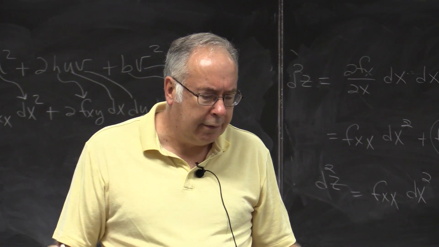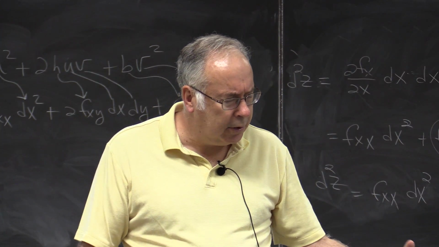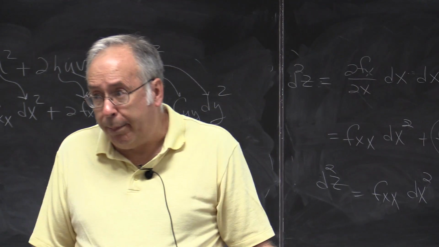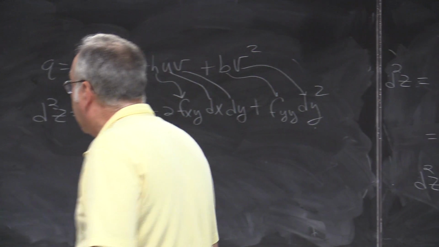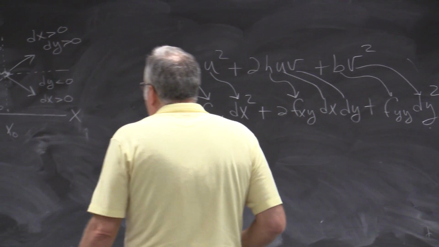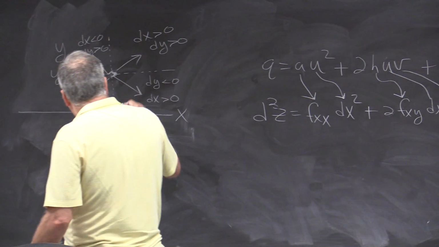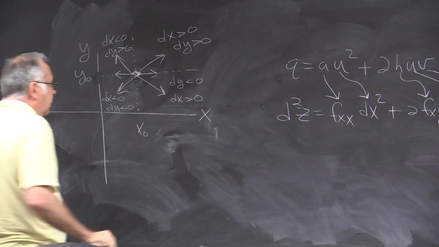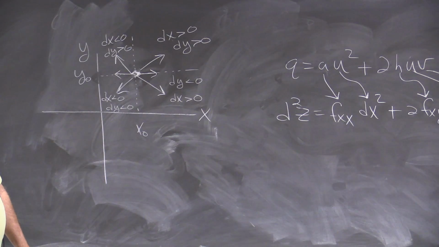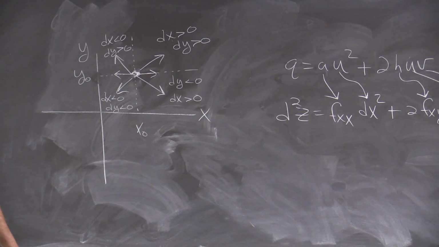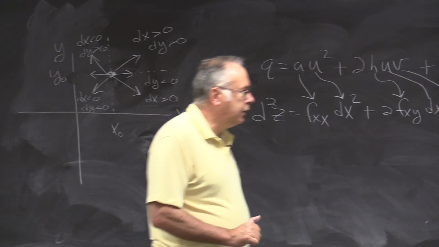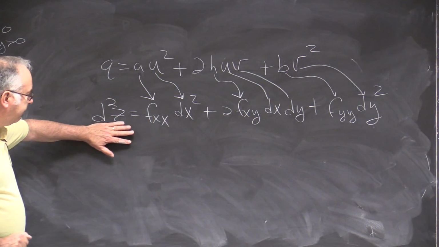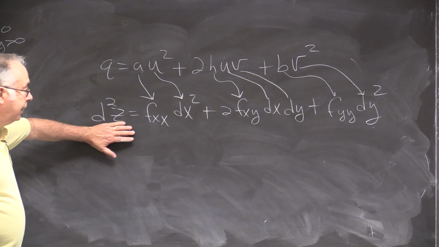This is extremely clever. It's figuring out, because there are an infinite number of values for dx and dy, an infinite number of paths you could take away from this critical point. You have to show that no matter which of these infinite paths you could possibly take, the value of dz is going from 0 to something positive.